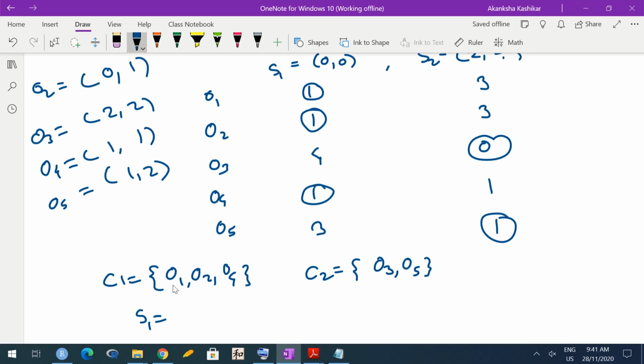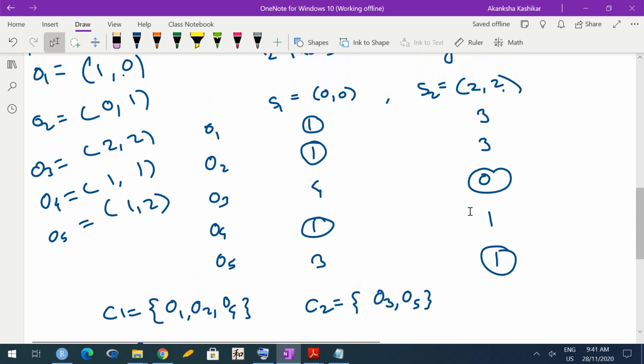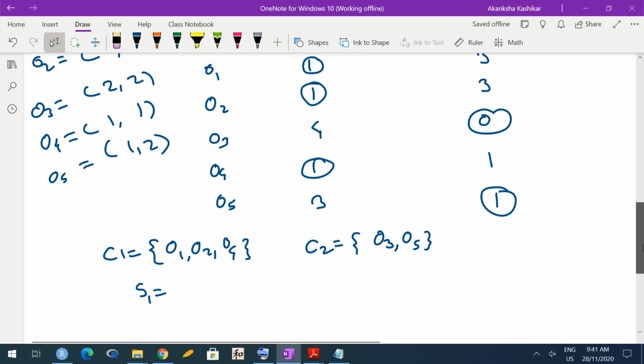So cluster 1 means I have to take the mean of O1, O2, O4. So O1 is (1, 0). So the mean of O1, O2, O4 would be 2 by 3 and again 2 by 3 actually. So 2 by 3, 2 by 3. That would be the mean vector.